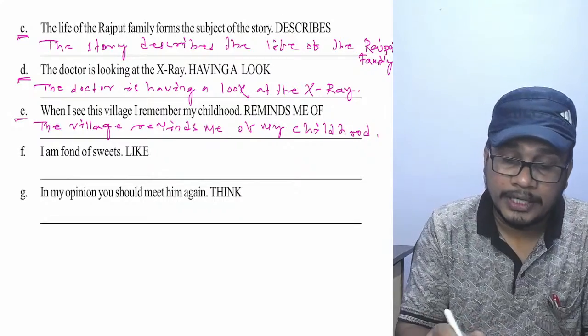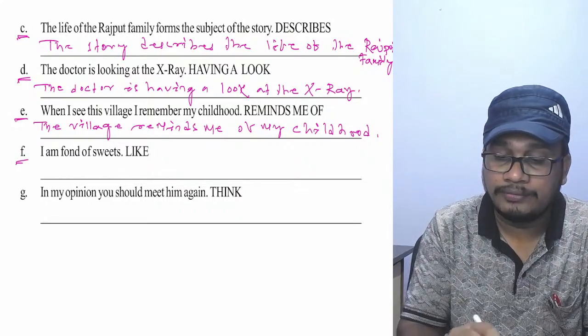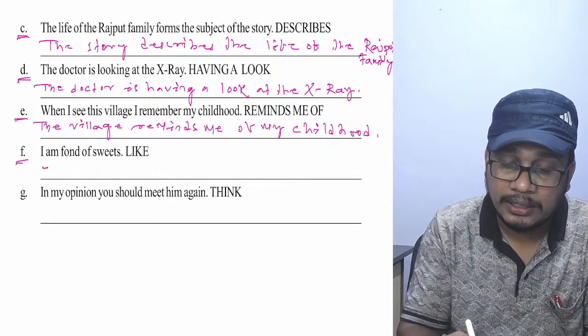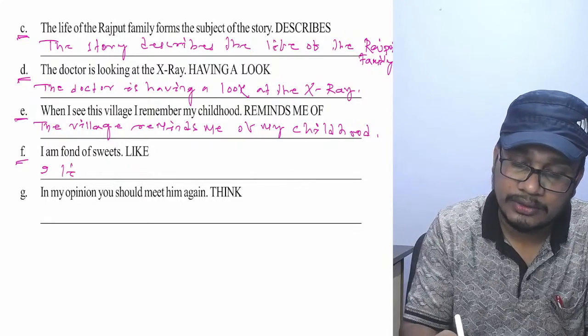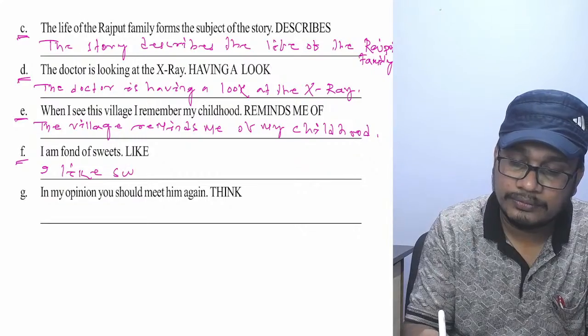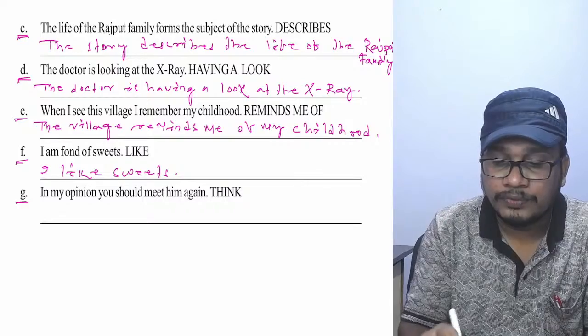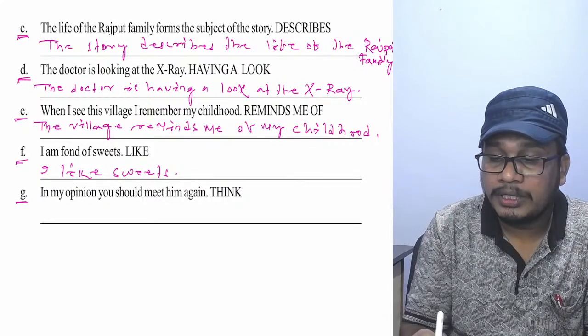Next, F. I am fond of sweets. Like is given, so: I like sweets. Then G. In my opinion, you should meet him again.